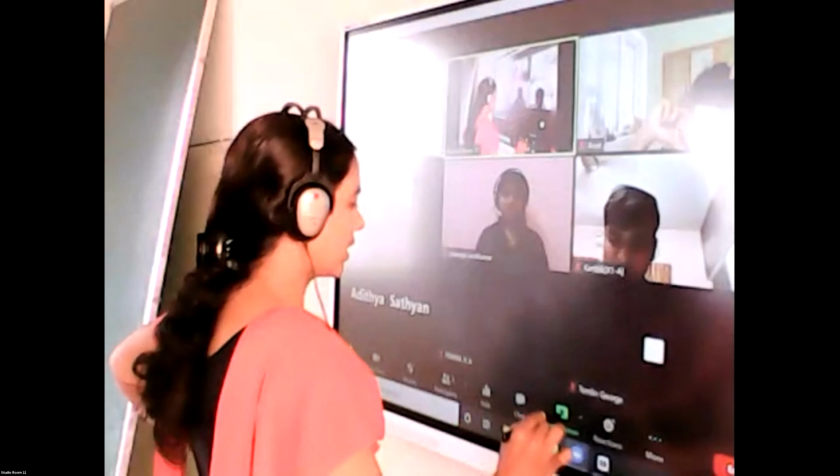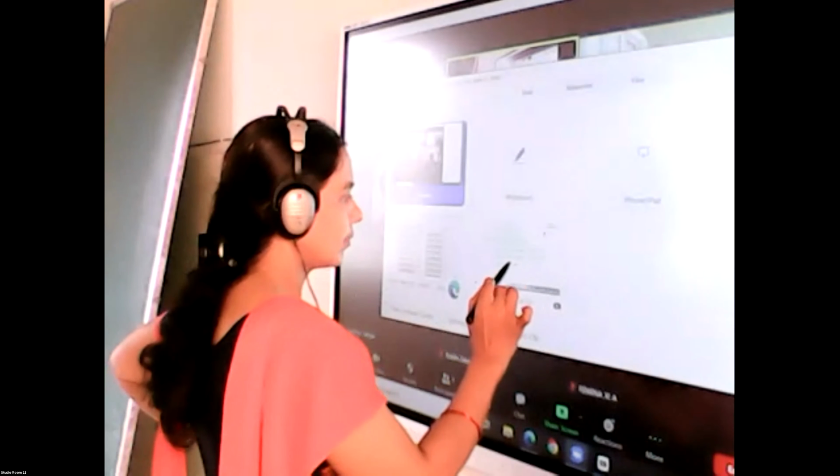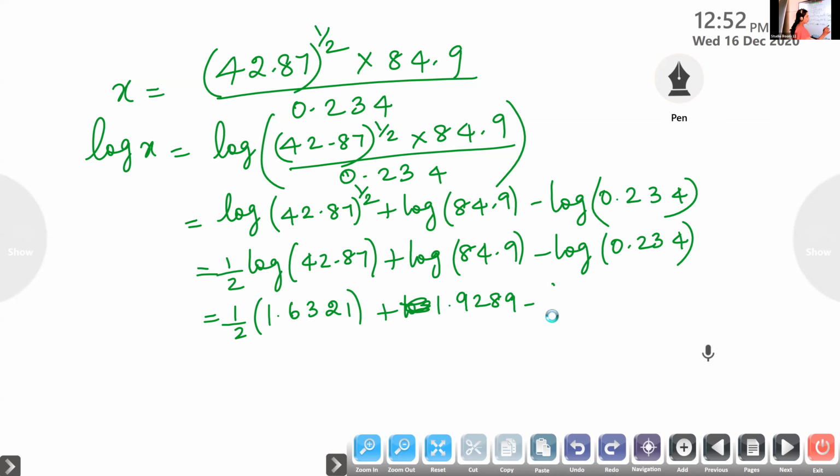Are you able to get that answer, children? Minus, this one will be log of 0.234, which we wrote as 1 bar point 3692. Check the log. Is it 3692? Yes, ma'am.